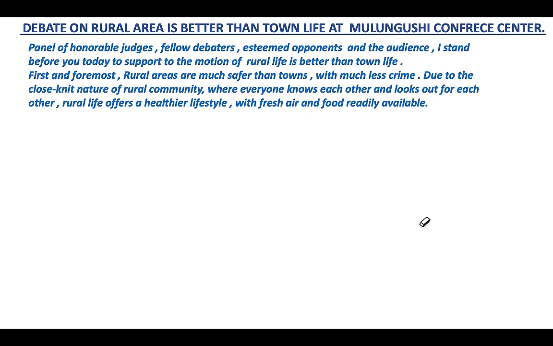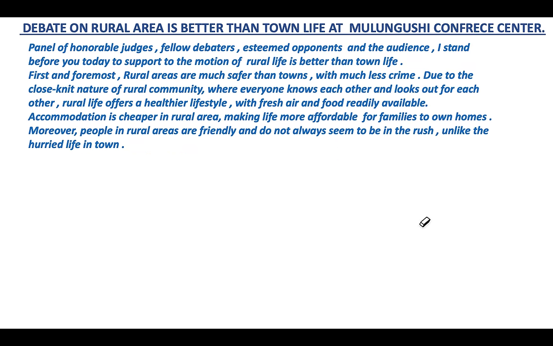Then we can go on to state: accommodation is cheaper in rural areas, making life more affordable for families to own homes. Moreover, people in rural areas are friendly and do not always seem to be in a rush, unlike the hurried life in town.